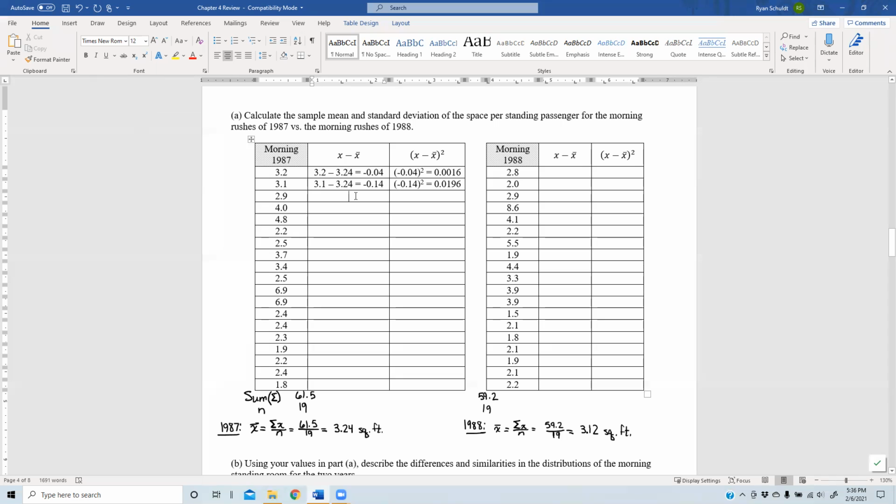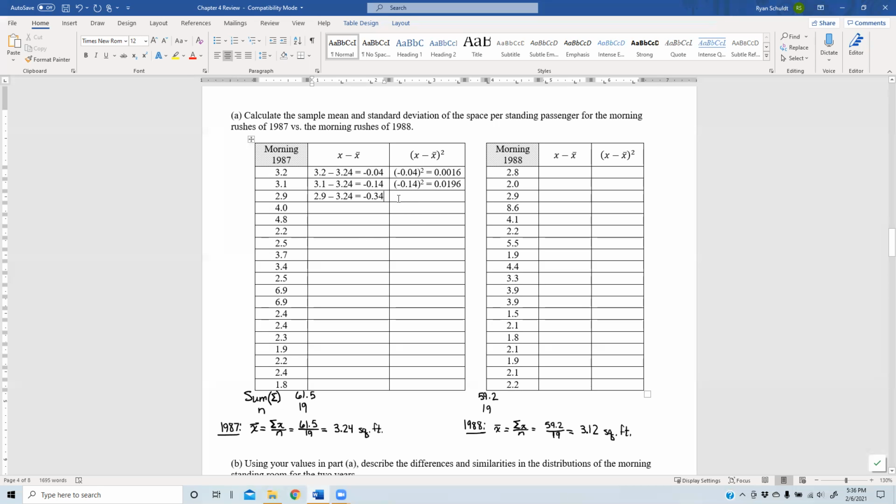Then we go to the next one. 2.9 minus 3.24 equals negative 0.34.